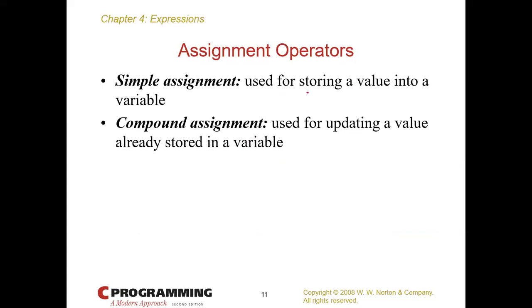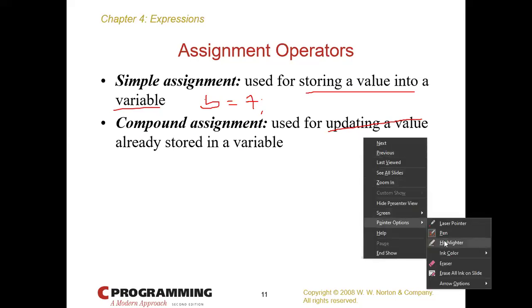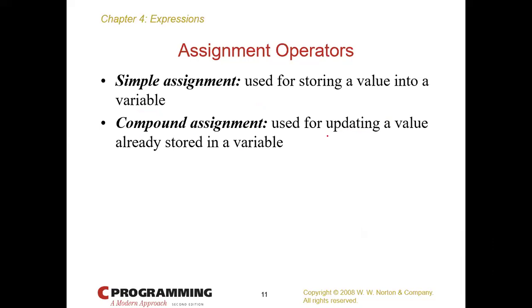This is simply used for storing a value into a variable. So if you say b is equal to 7, this is simple assignment, because you just say from now on we have stored 7 in b. On the other hand, we can have compound assignment. This is used for updating a value that is already stored in a variable.